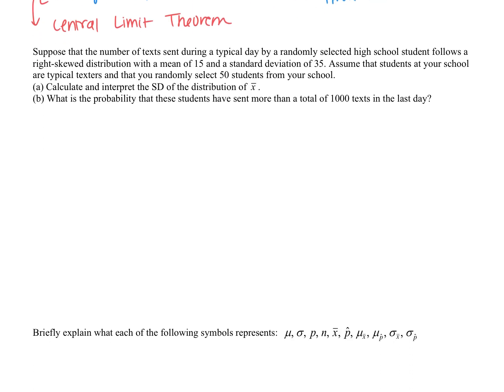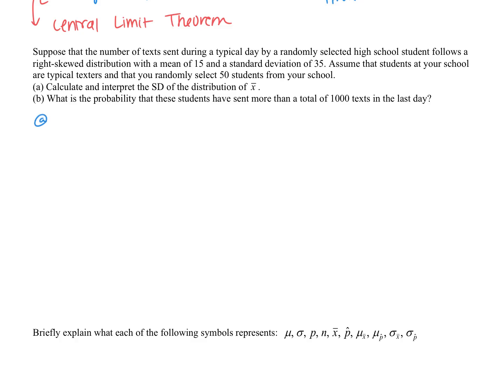Suppose that the number of texts sent during a typical day by a randomly selected high school student follows a right-skewed distribution with a mean of 15 and a standard deviation of 35. Assume that students at your school are typical texters, and you randomly select 50 students from your school. Calculate and interpret the standard deviation of the distribution of X bar.